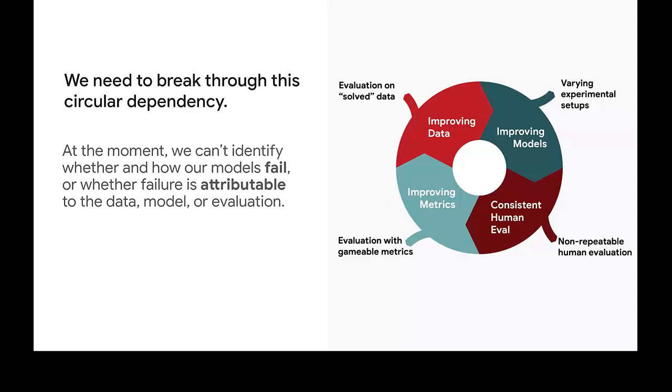Specifically, there is this circular dependency, where at the moment we can't identify whether and how our models fail, whether the failure is attributable to the data, model, or the evaluation metrics or human evaluation. What I mean by this is that flaws in data get amplified by models, but they're not being detected by human evaluation or metrics, which lead us to continue to use this bad data.